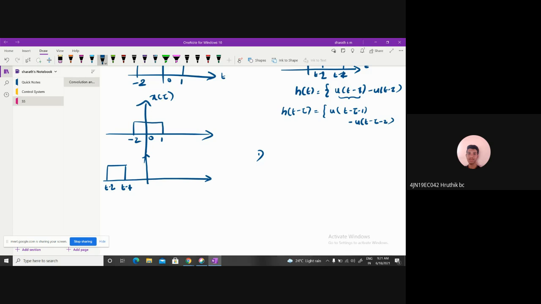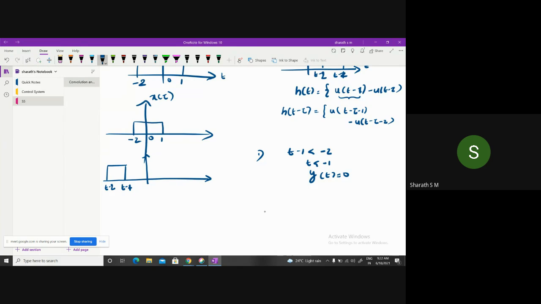T minus 1 should be less than minus 2. That indicates t is less than minus 1. So whenever t is less than minus 1, y of t is equal to 0.